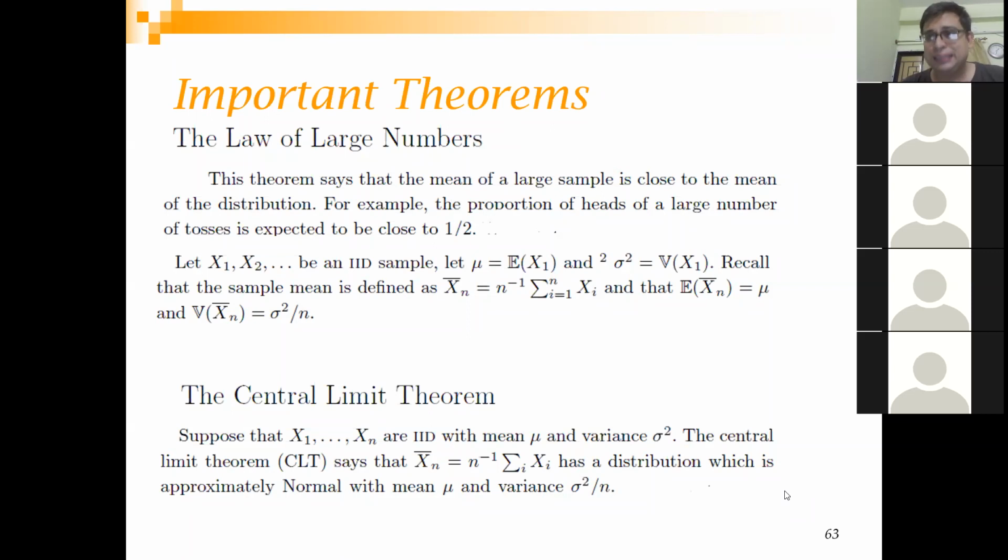So what it tells is that when you take different samples, your x bar n actually means the nth sample mean, and the expectation of x bar n, the mean of the sample means, which I explained, should give you the population mean.